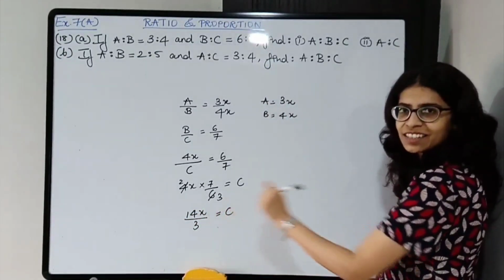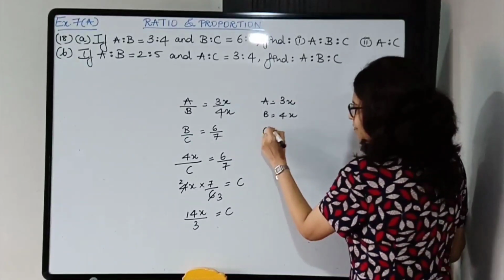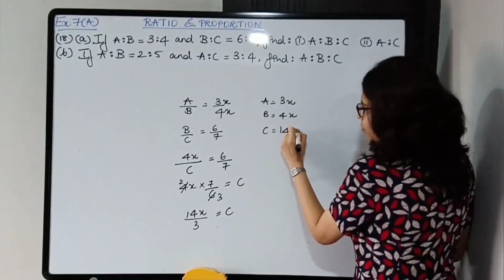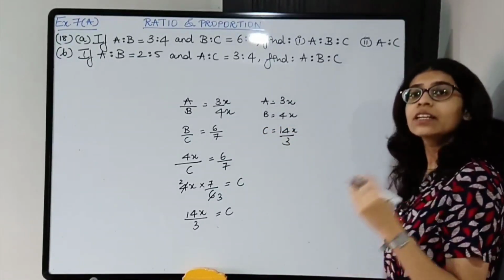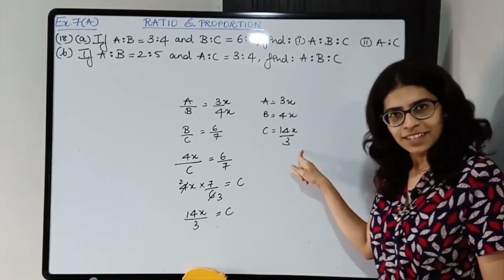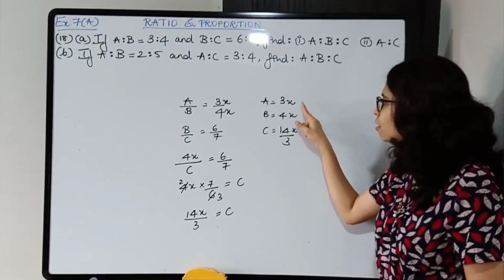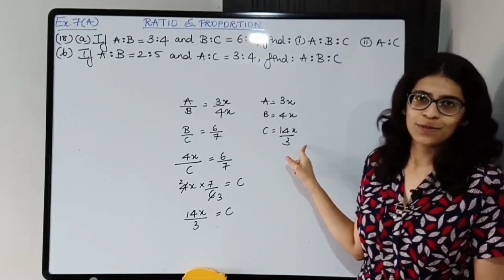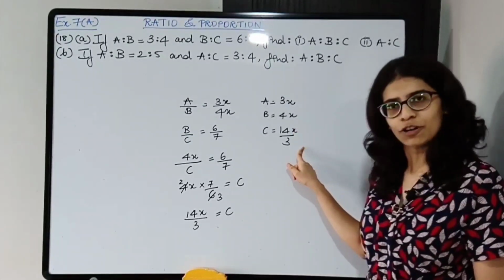So we got c in terms of x. So 14x upon 3. The aim was to have same common factor. ठीक है, same common factor चाहिए था for all the 3 terms. So we got that.